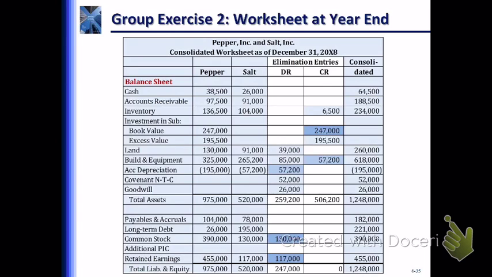You will see on a lot of these worksheets, they'll do book value and excess value, so they are actually combining the goodwill and the excess difference between fair market value and book. A lot of times I just put it into one number there. So that should be to 0, and we see that happening. We should see the common stock, APIC, and retained earnings resulting in just the parent's balance.